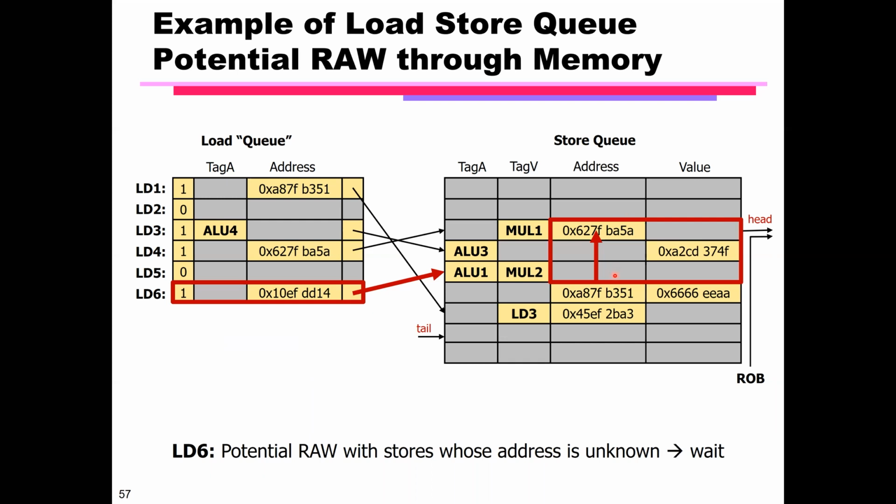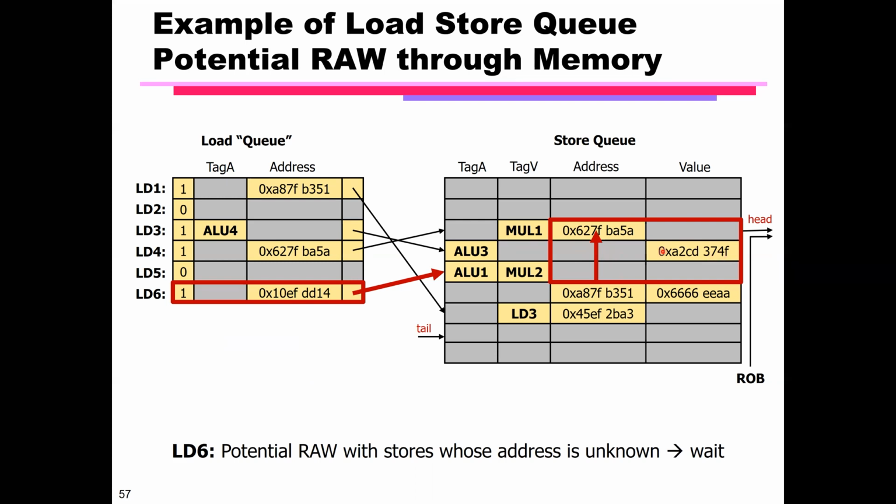As soon as there is one that is unknown, I have a potential problem, in the sense that maybe it will later turn out that one of these 2 addresses is in conflict with me, and then maybe this one will be 0x10EF and so on, which means that this value, and not the value in memory, is what this load should report.